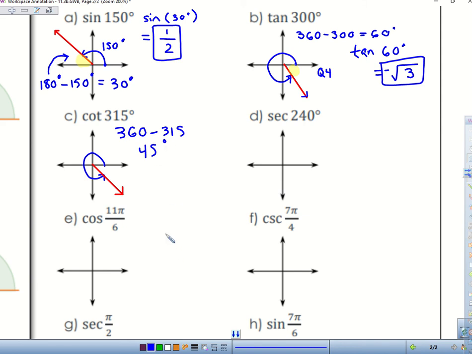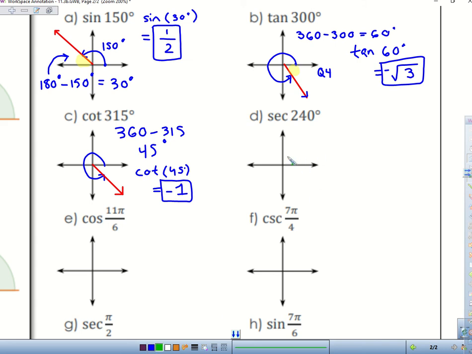So we're doing cotan of 45. So if you look at your chart from previous notes, cotan of 45 is 1. Is it going to be positive or negative 1? Well, it's negative because good, exactly.